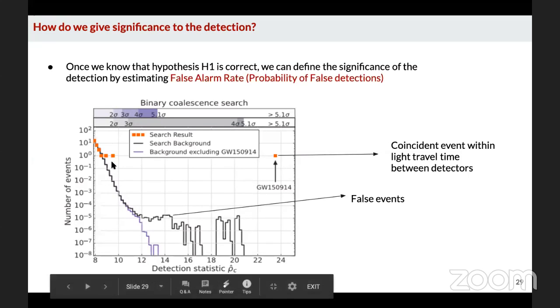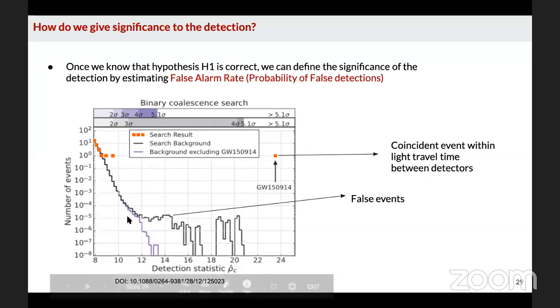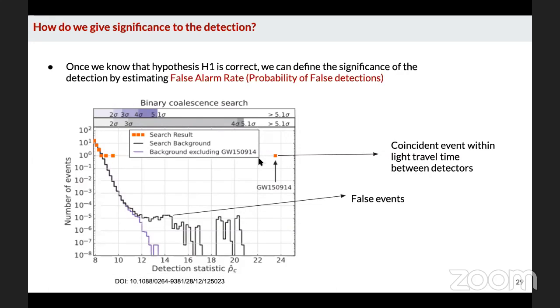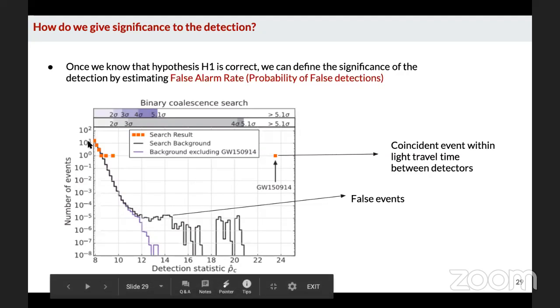We see that the background is created by all the false events, or we can say the triggers which can mimic a signal but actually are not a signal, and they form this sort of background. These are the false events, and this is the one which is actually astrophysical in nature because it is found in both detectors, and the significance for this is estimated with respect to this background.